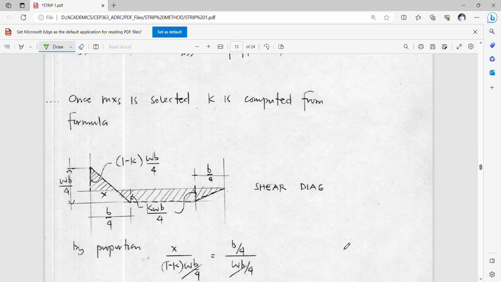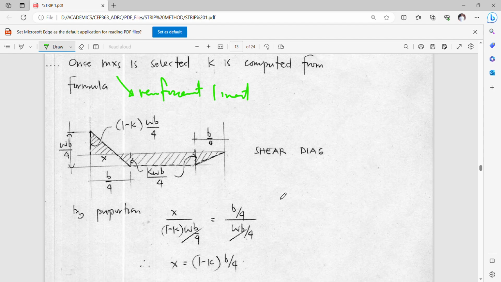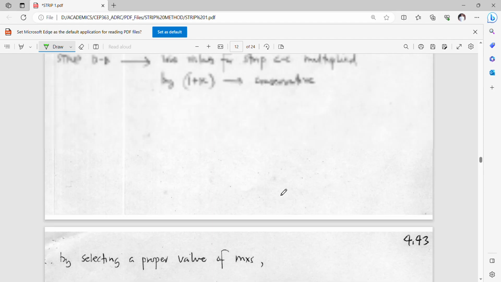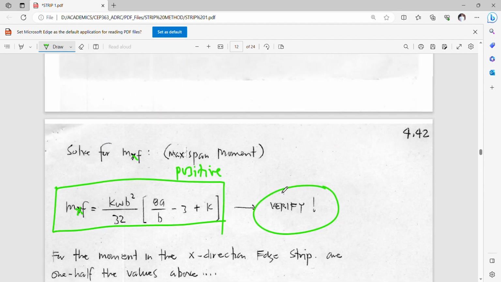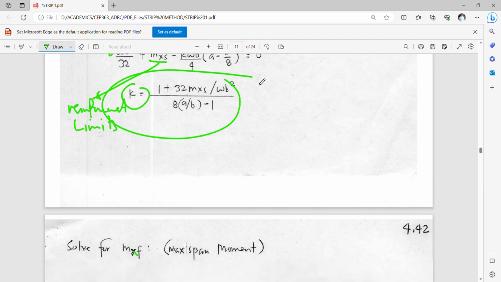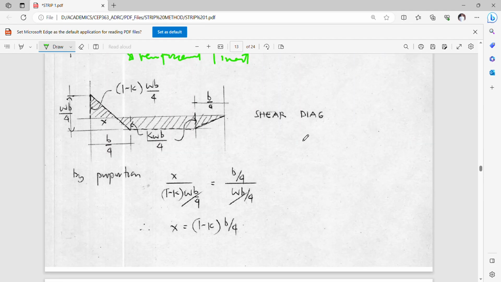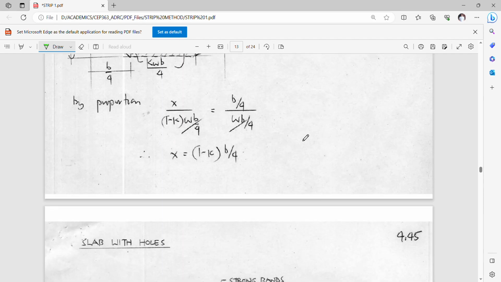So once MXS is selected, okay, again, this is selected on the basis of reinforcement limits, K is computed from this formula. So K is computed from the formula above, okay, so this is your formula for K here, and your value for X, which is the point where the maximum moment is given by this formula.